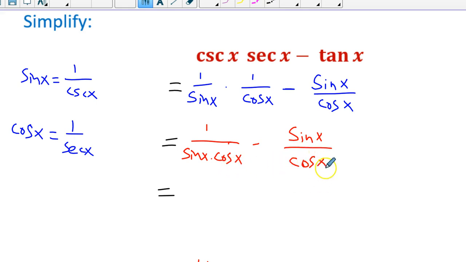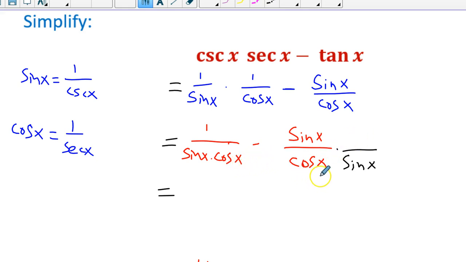Now the second denominator is only cosine x. But it will be easier for me if I can make those denominators the same. So having the cosine already, if I multiply this by sine x, now what happens? This denominator also became sine x times cosine x.